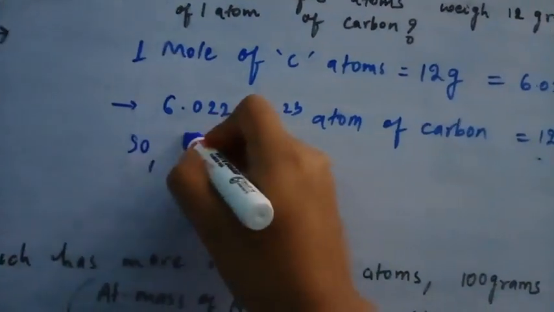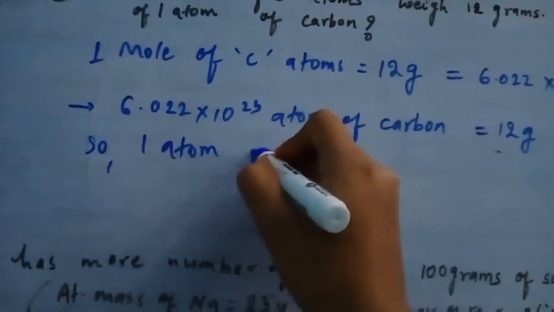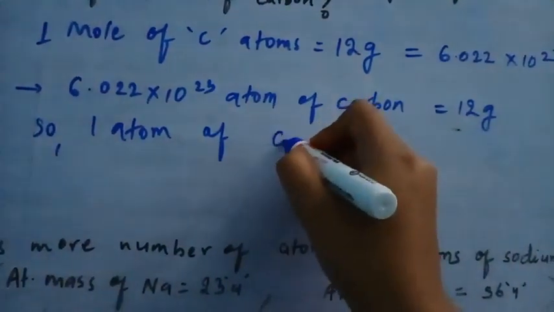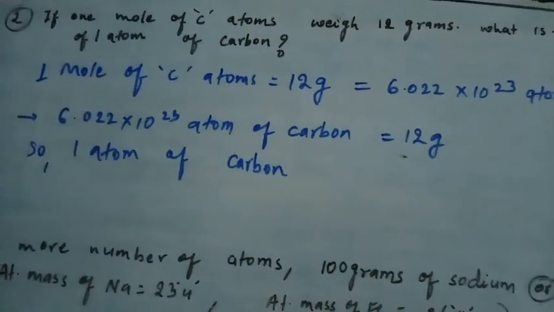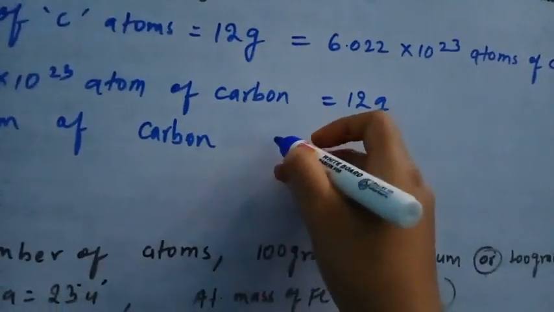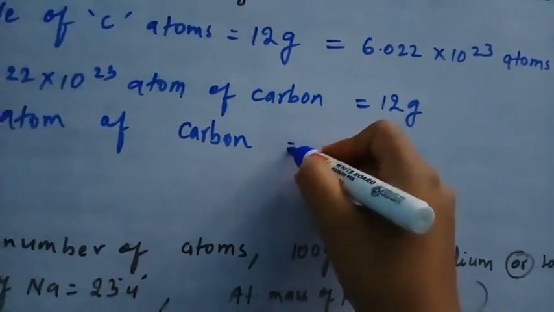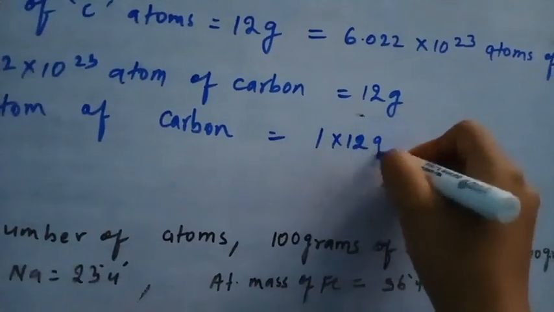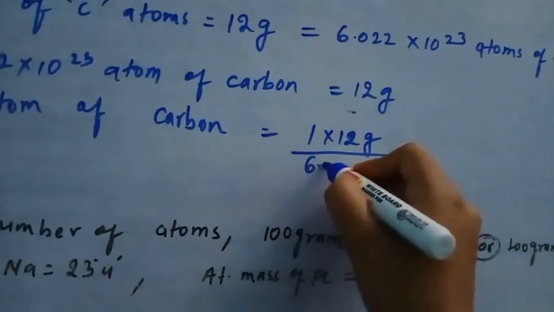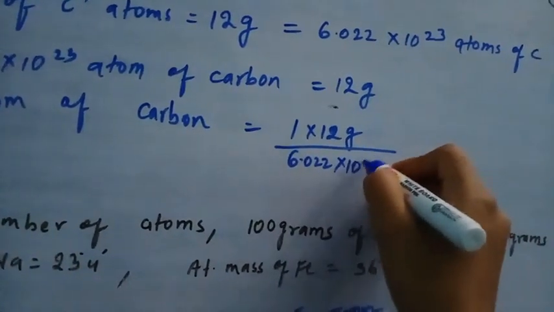So 1 atom of carbon is equal to how much? 1 into 12 gram divided by 6.022 into 10 to the power 23.